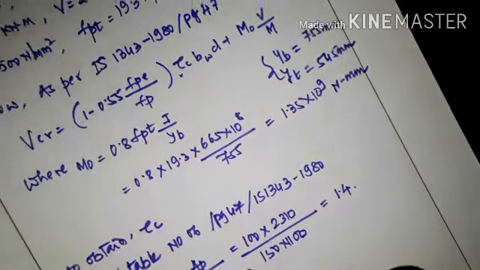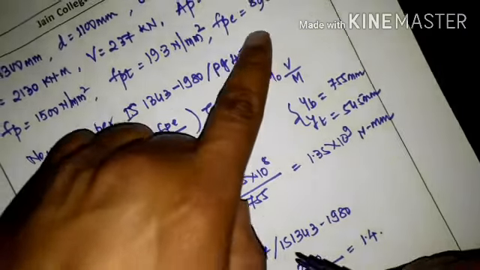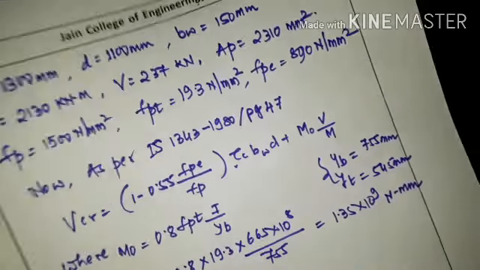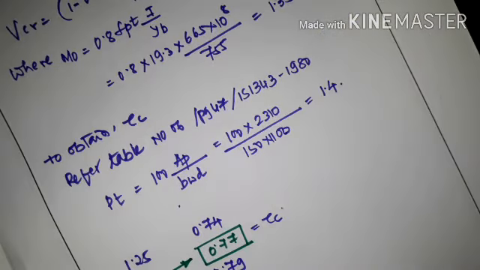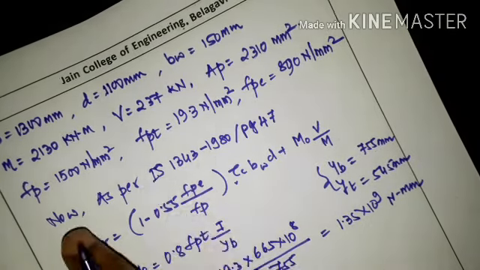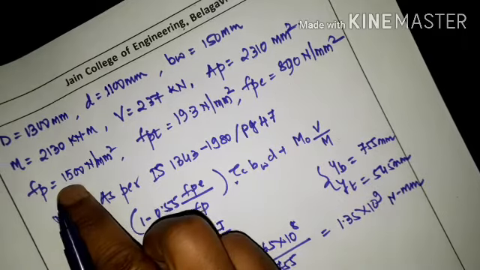So FPE is 890 and FP is 1500. You have to understand which one is FPE and which one is FP.